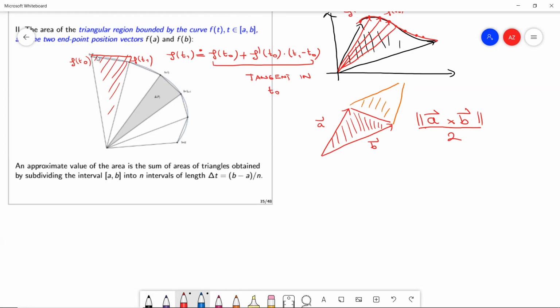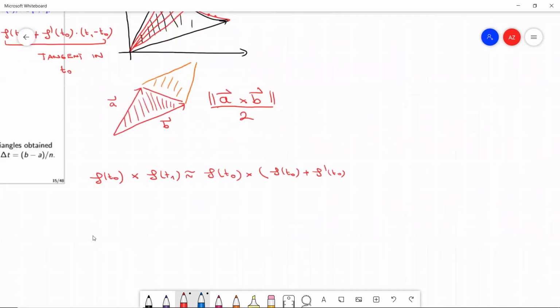So we approximate f of t1 as if it would lie on the tangent. And why was this good? Because now f of t naught cross product with f of t1 is approximately f of t naught cross product with f of t naught plus f prime of t naught times t1 minus t naught.